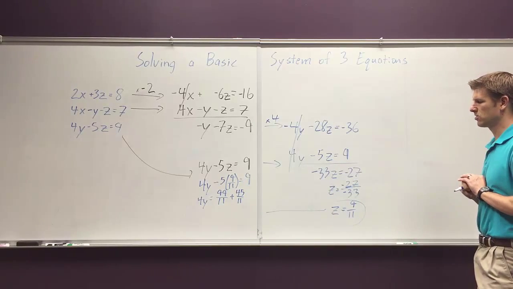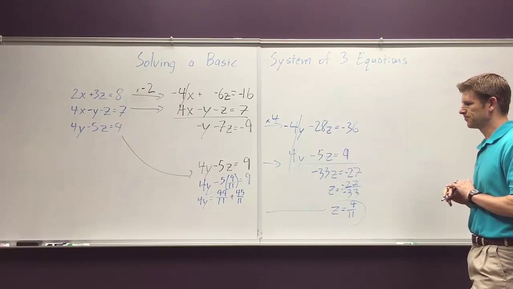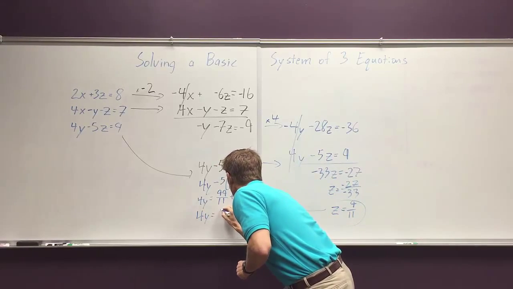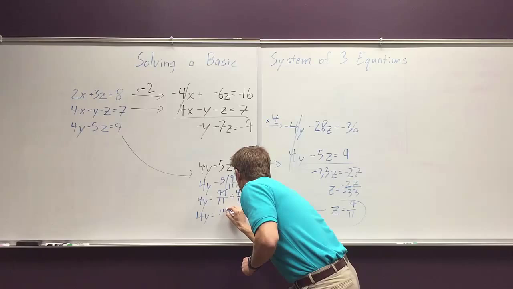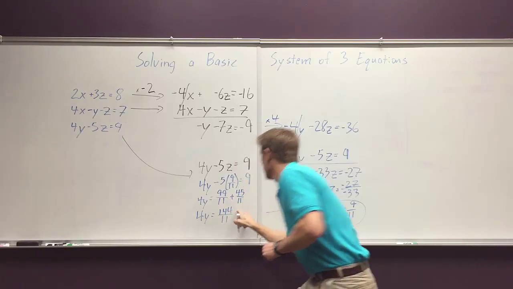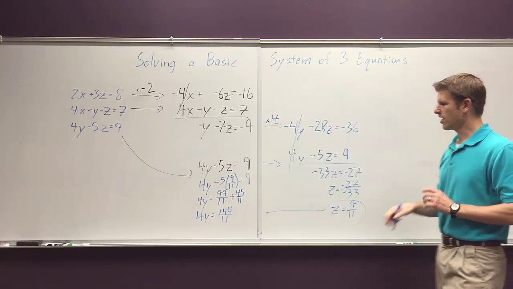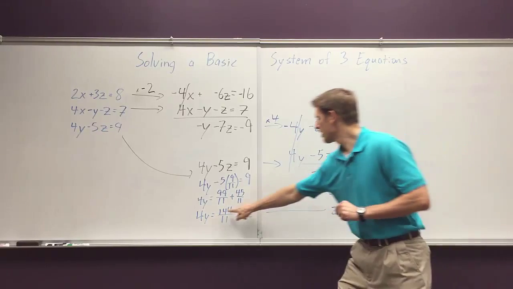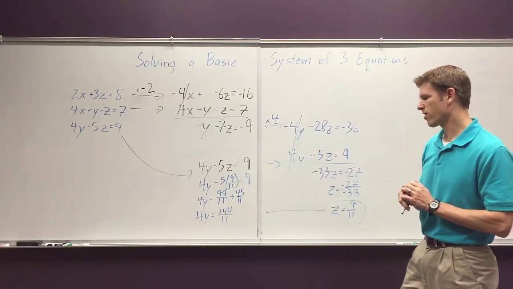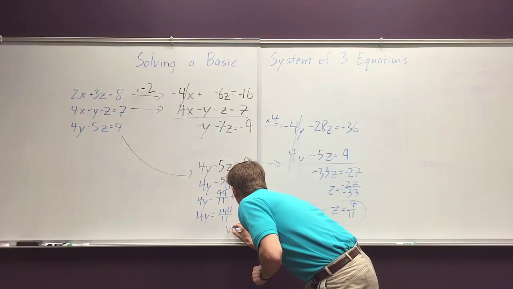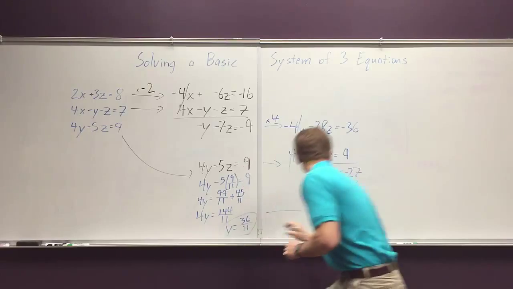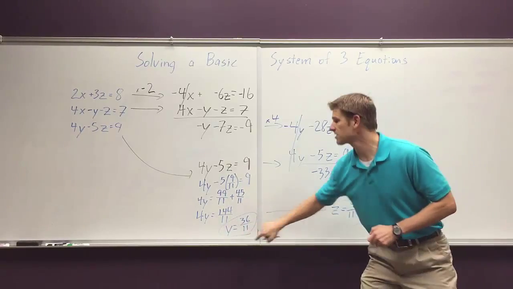What does that come out to when I put it together? 4y equals 144/11. Well, when we divide both sides by 4, that reduces to 36. So I have y equals 36/11.